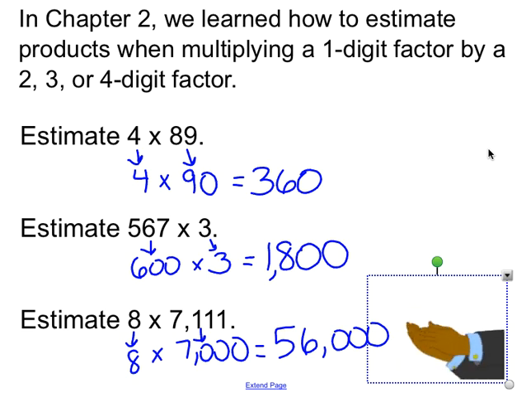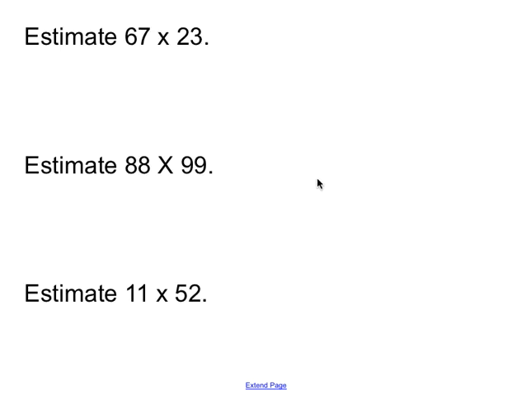All right, so now that we have reviewed Chapter 2 on how to estimate products, we will now move to how we're supposed to estimate products in Chapter 3. Okay, so since Chapter 3 works with 2 digits by 2 digits, we will realize that for every example, we're rounding to the nearest 10. Why? Because all 2-digit numbers only go up to the tens place.